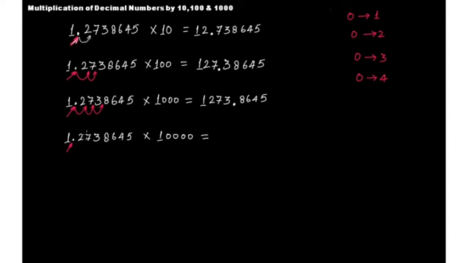First jump after the first digit, after second digit, after third digit, and then after 4th digit. So you'll count as many digits as we have zeros here. So 1, 2, 7, 3, 8, then point. So 12,738.645.